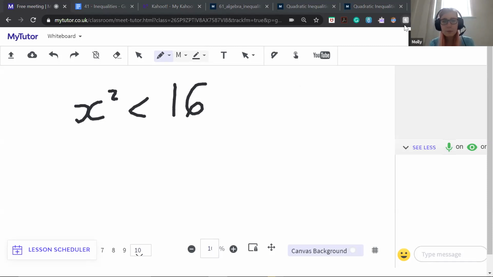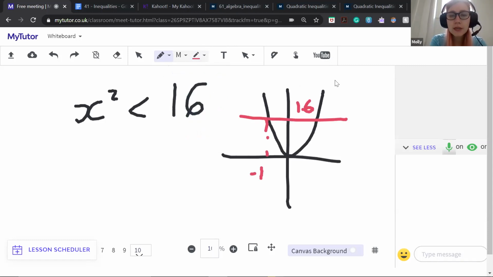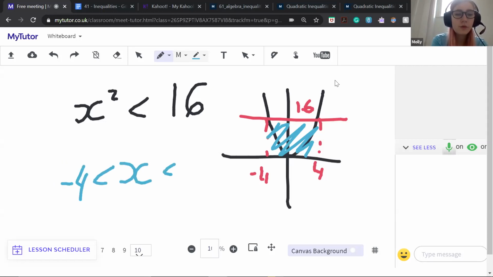A few people guessing it. So again, here's x squared. Where is it 16? Here, at minus 4 and 4. And we want anything less than that. So we want x being between minus 4 and 4.